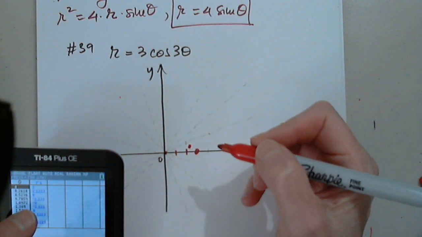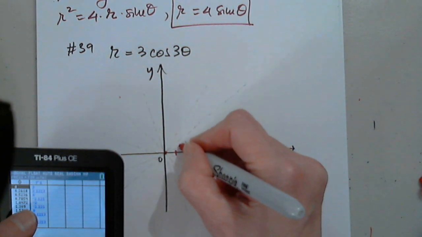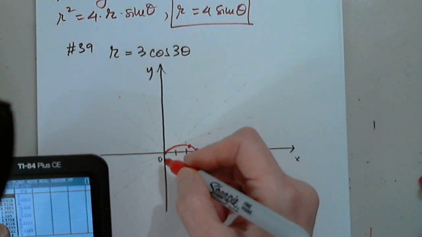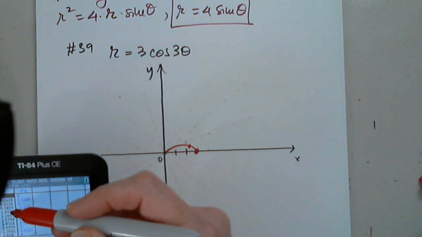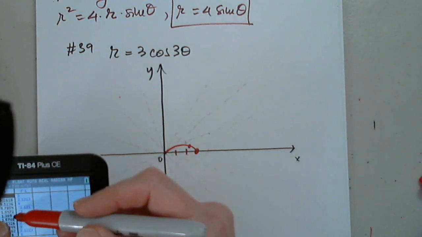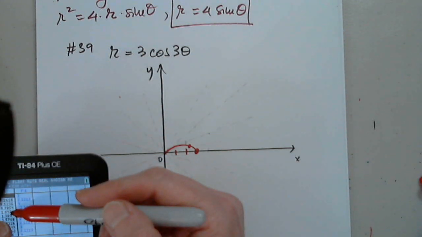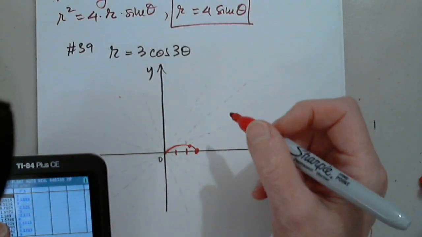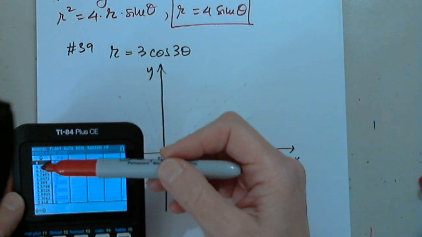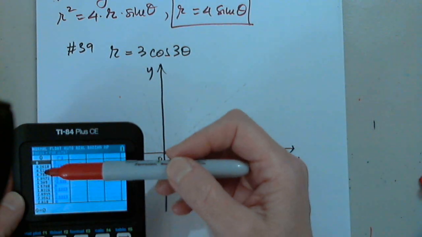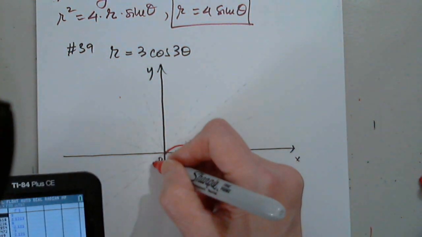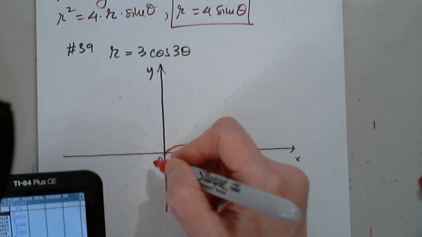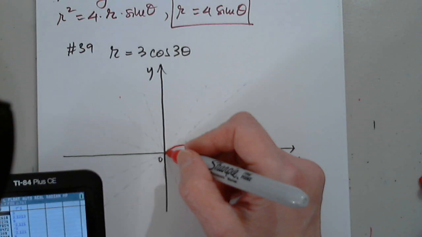Then it's at 0. I see something like this so far. And the next one, at 30 degrees, is 0. Then at 45 degrees, I have to make sure that is 45. So 15, 30, 45, yes. So at 45 degrees, we're looking at -2.